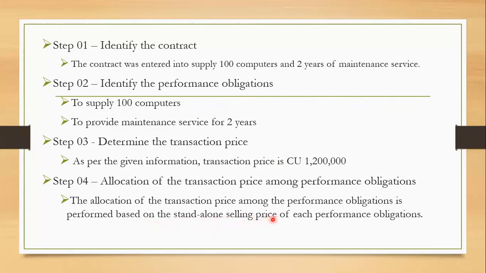In simple meaning, standalone selling price means the price that we can derive from the market by selling each performance obligation individually within the marketplace. In our scenario, the standalone selling price for each performance obligation has been provided. So there is no issue for us. Now we can easily calculate the allocation of transaction price.